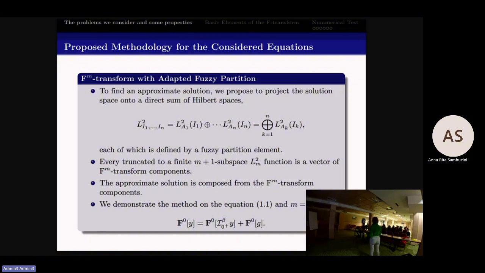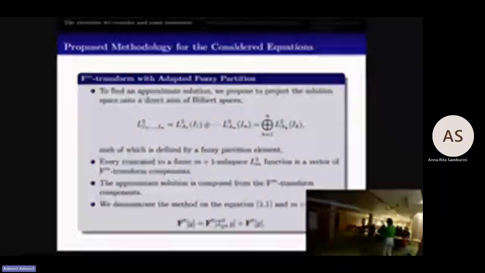Because in most cases, the analytically expressed solution does not exist. Therefore, we shall find numerical methods in order to obtain approximate solutions. And now the role of F transform here is very important, because we will find the solution using this type of, again, linear transformation.